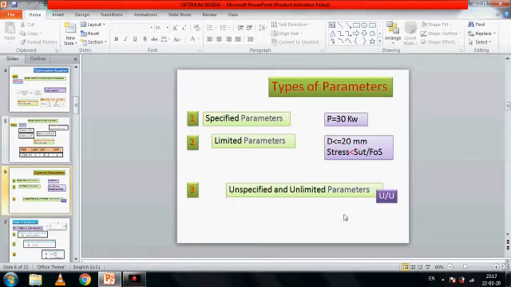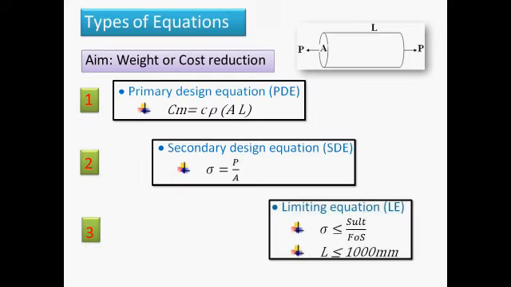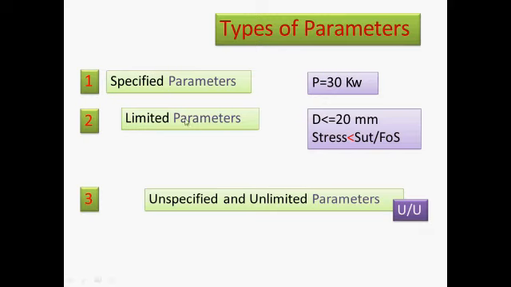Next is types of parameters. We are going to classify parameters into three types. The first one is the specified parameter. What is the meaning of a specific parameter?